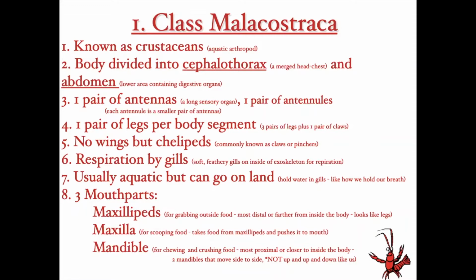They have 1 pair of legs per body segment, 3 pairs of legs plus a pair of claws. Crustaceans do not have wings because they're aquatic. They're not going to be flying in water, of course, but they do have chelipeds. Chelipeds are claws. So especially lobsters, crayfish, crabs will have claws, and we're going to call those claws chelipeds.